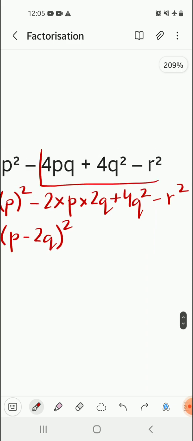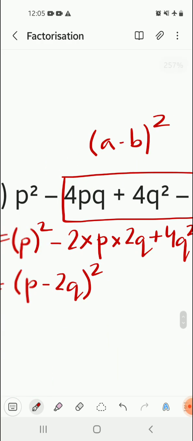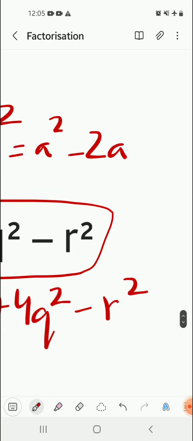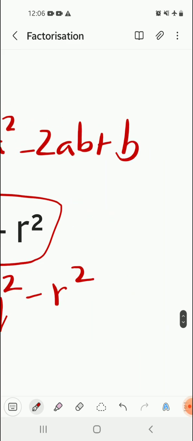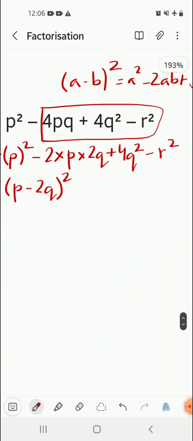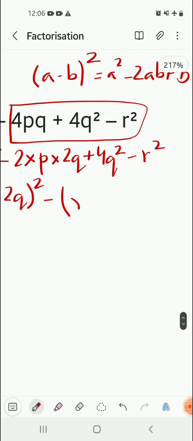Basically, we have broken it down using the a minus b whole square formula, which is a square minus 2ab plus b square. And once we are done with it, minus, we are left with r whole square.